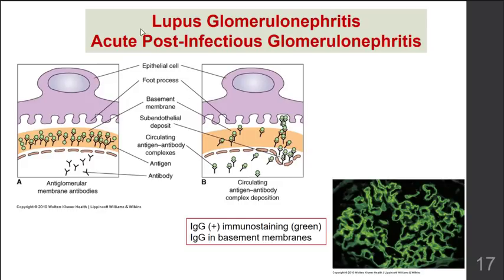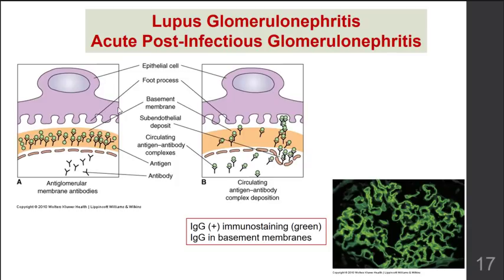Okay, looking collectively at lupus glomerulonephritis and acute post-infectious glomerulonephritis, remember immune complexes are formed, they're deposited in the basement membrane of the glomeruli of the kidney, and this will trigger inflammation. This is diagnosed with a kidney biopsy.